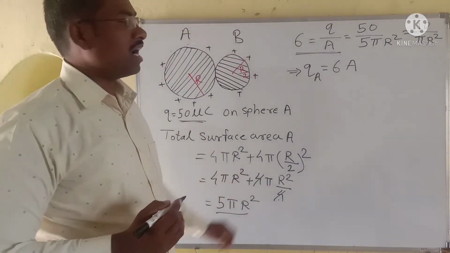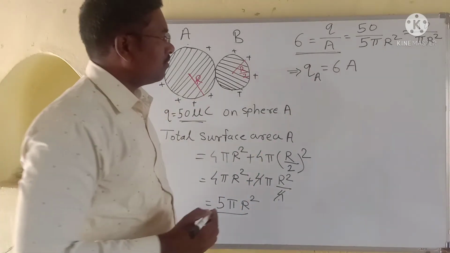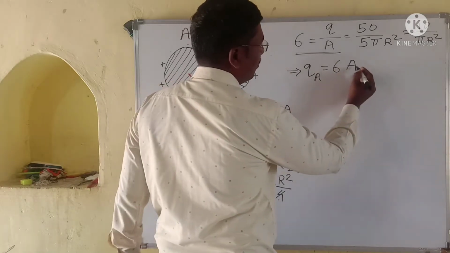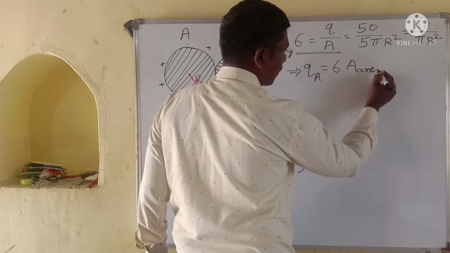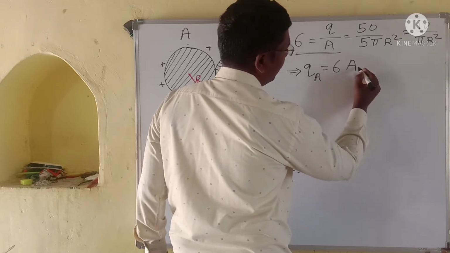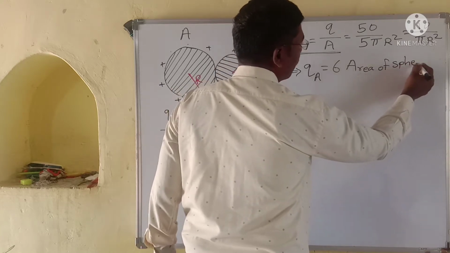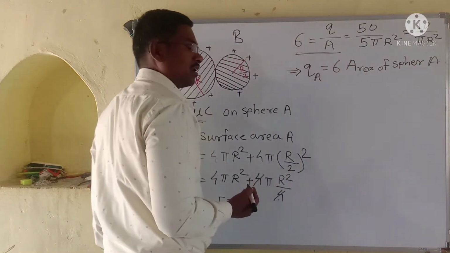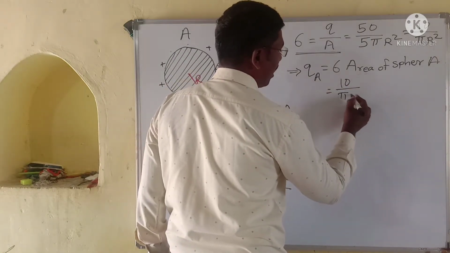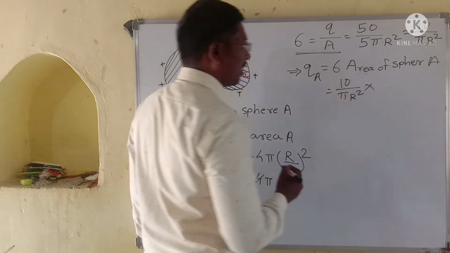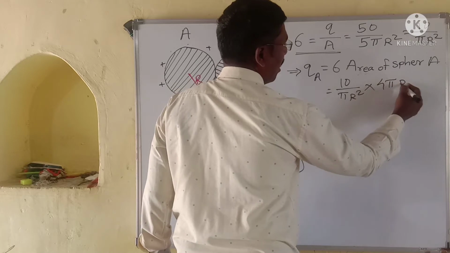We calculate the charge on sphere A, which is equal to surface charge density multiplied by area of sphere A, which is 10 divided by pi r square multiplied by 4 pi r square.